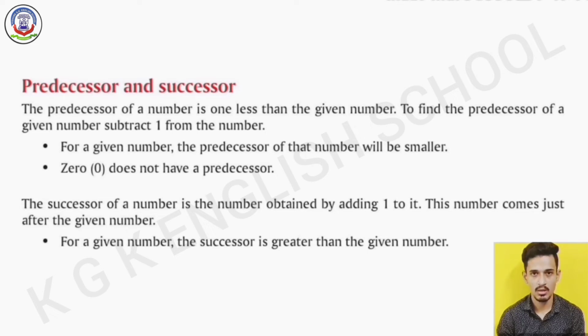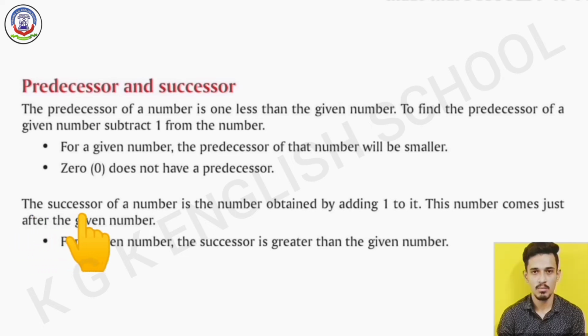For a given number, the predecessor of that number will be smaller. 0 does not have a predecessor.